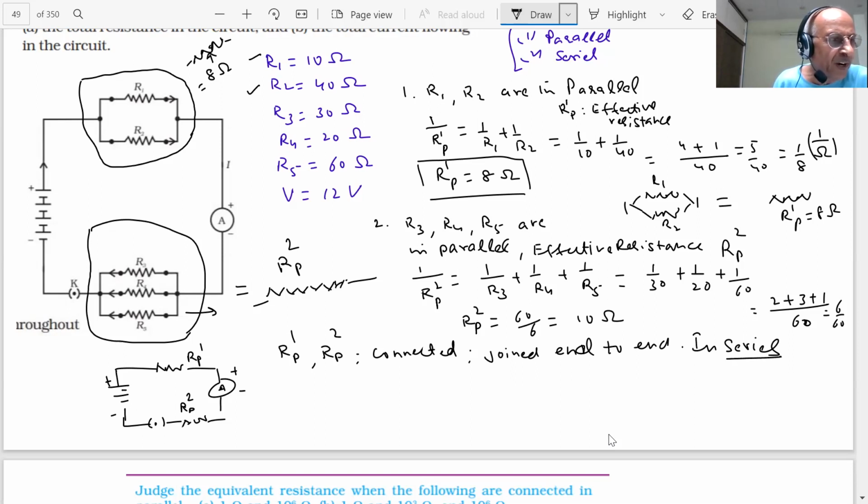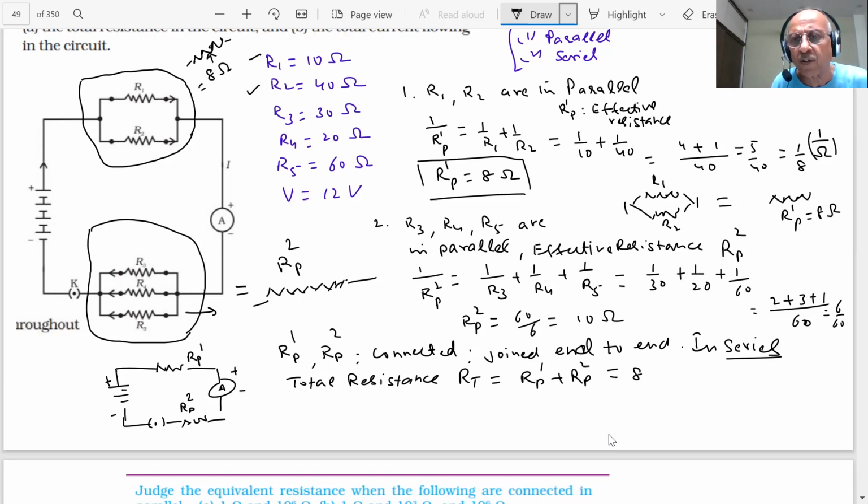If they are in series, student, what will be the total resistance? RT is RP1 plus RP2. What are the values then? 8 plus 10. How much? 18 ohms.